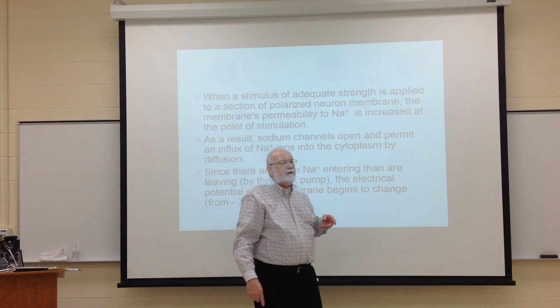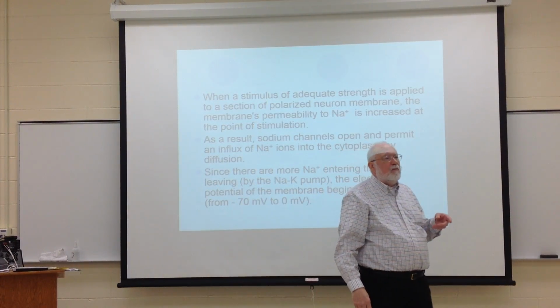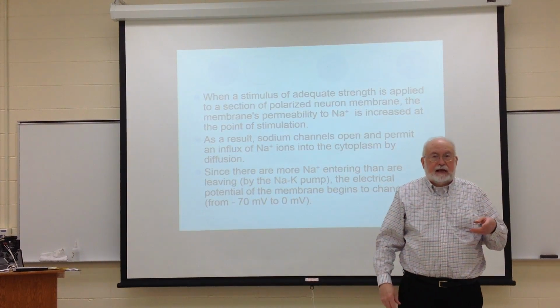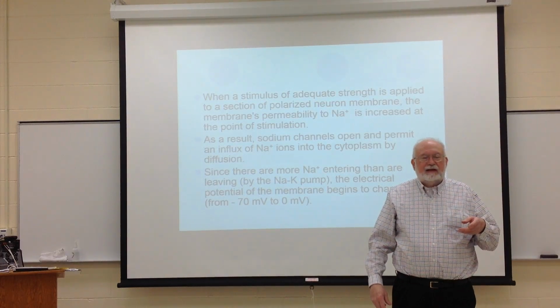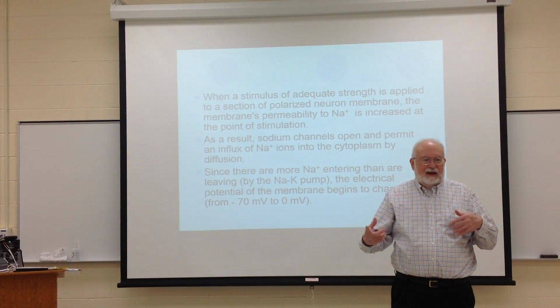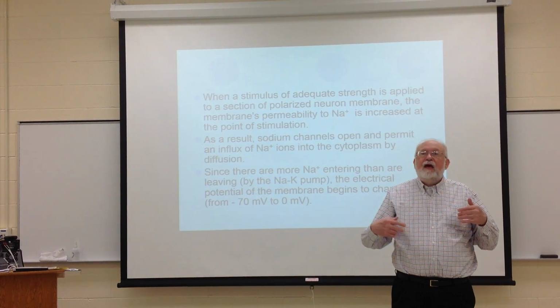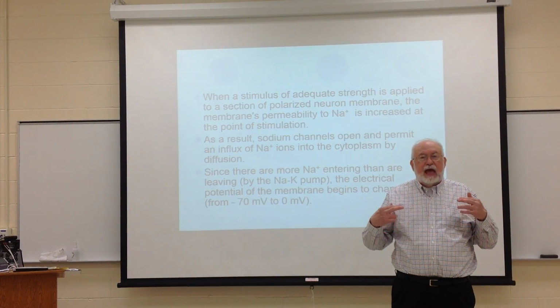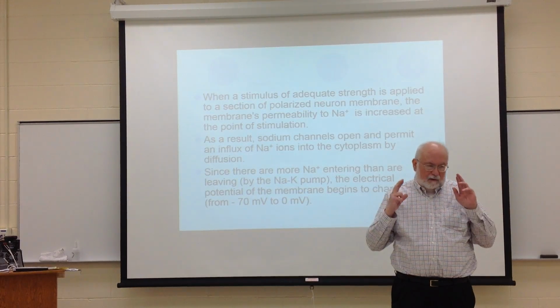What is going to happen to the charge on the membrane as more and more potassium exits the cell? It's going to become more and more negative. That's exactly right. And ultimately, there's going to be enough potassium exiting to bring the charge back to the resting potential of negative 70 millivolts.